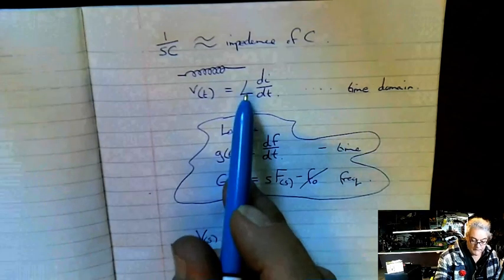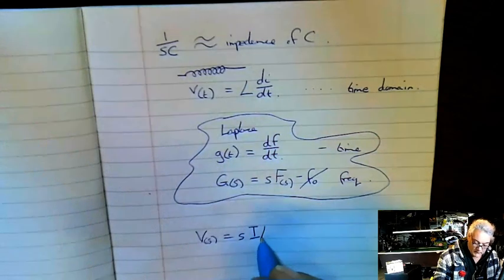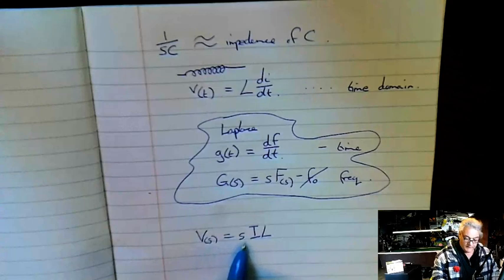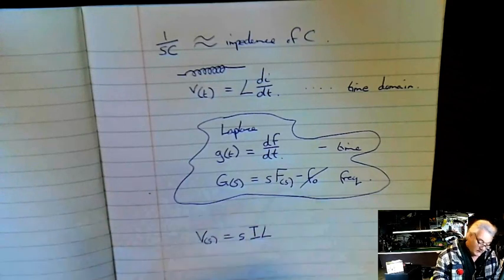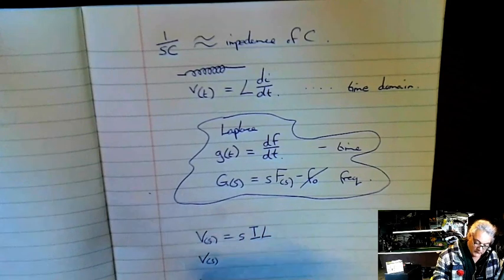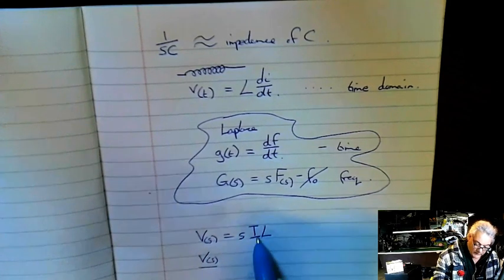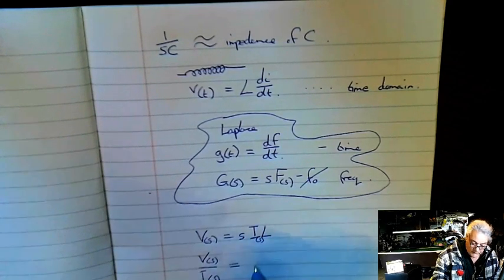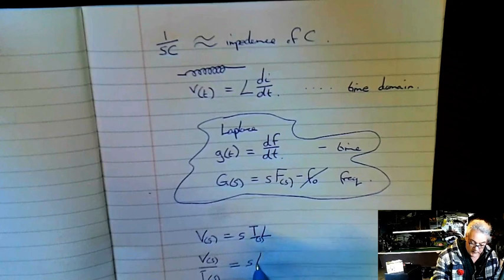But remember, we still have to multiply by the L. So where does that leave us? Well, v of s equals sIL. Let's tidy that up a bit. So what we have is v of s over I of s is simply equal to SL.